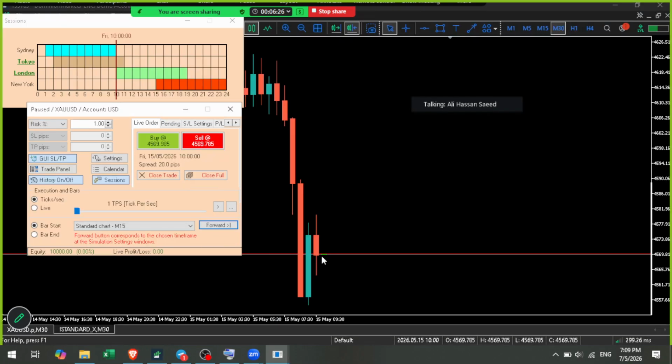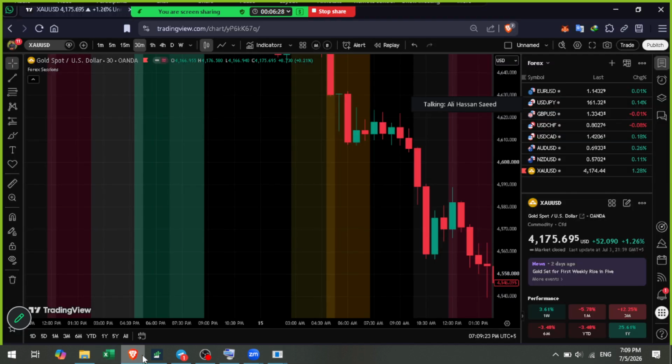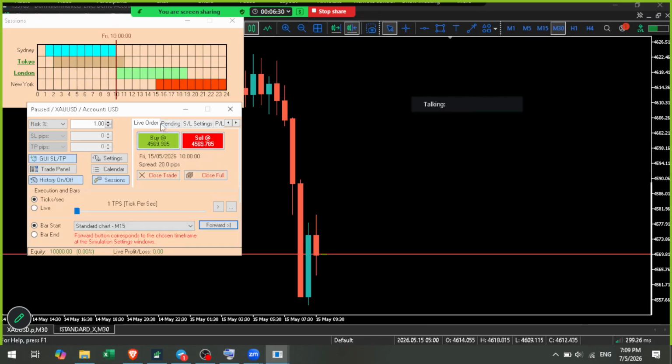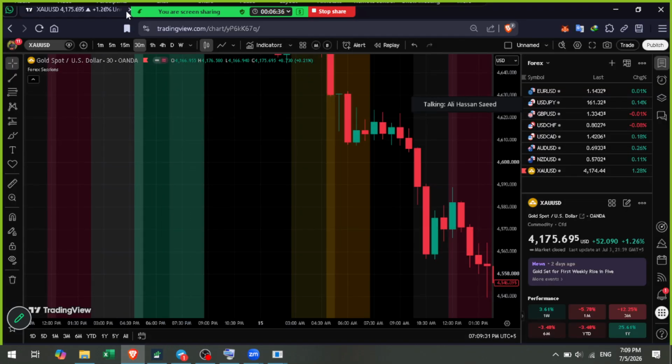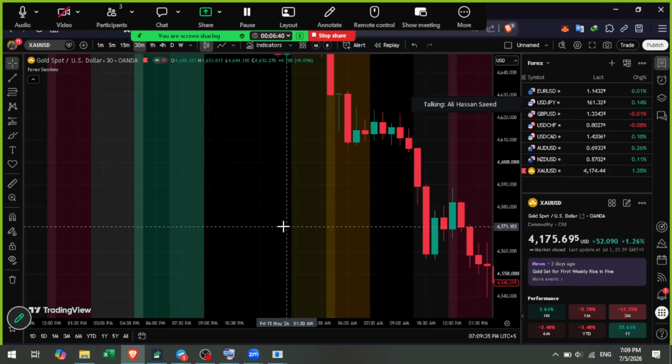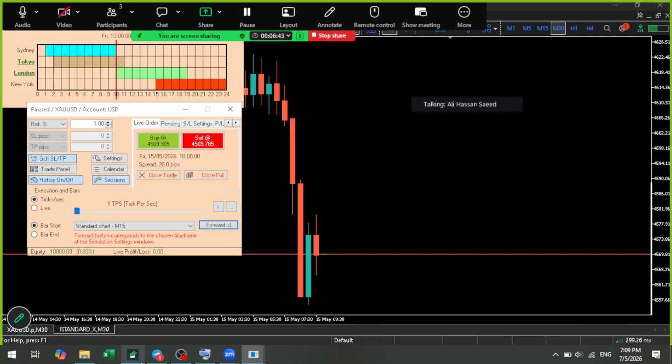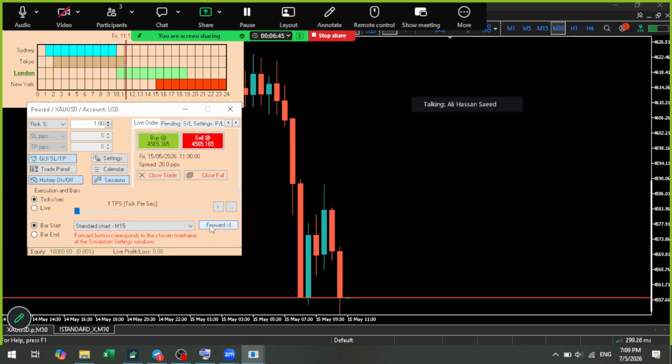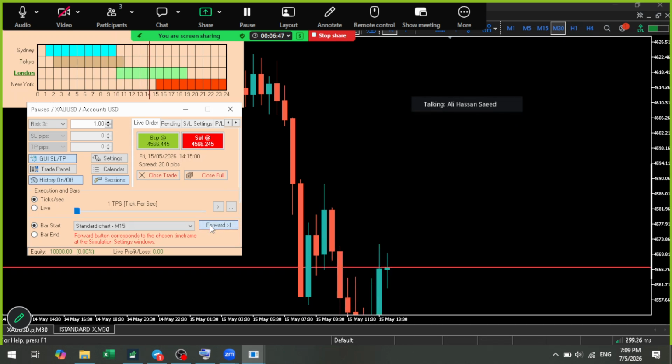So this green candle is about to start. Yes. And the time is exact, so we don't need this now. Let's just remove this and let's go move on to the Monday next week.